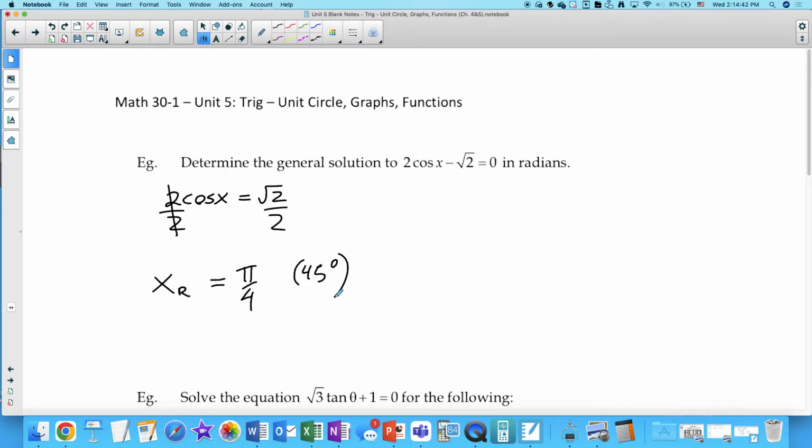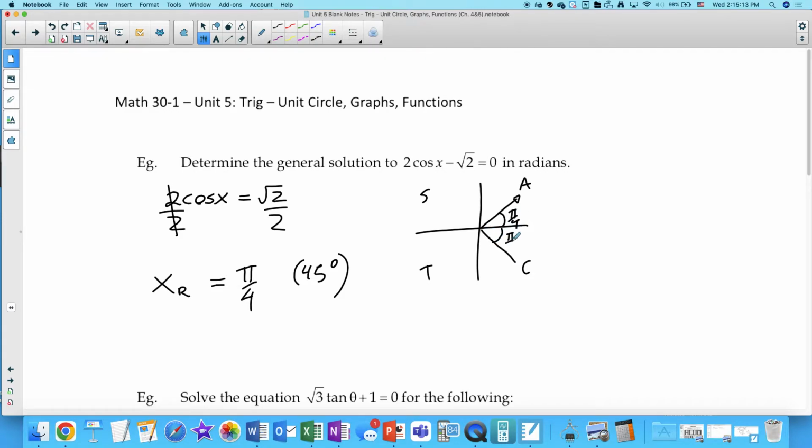Okay, so now I'm going to draw my coordinate plane. Okay, now we want a general solution here. So what I want to know is what 2 quadrants do the principal angles lie in that satisfy this equation? 1 and 4, right? Because that's where cosine's positive, is in 1 and 4. So that's pi by 4.